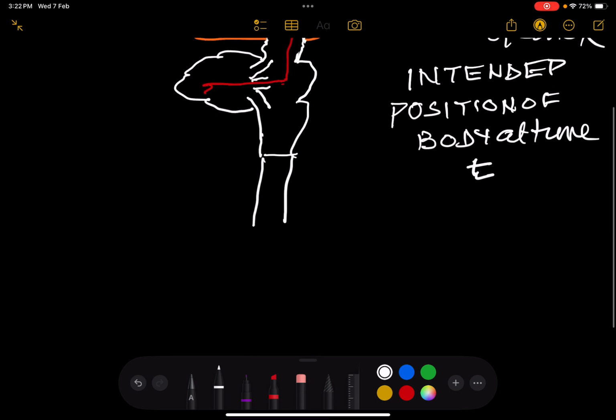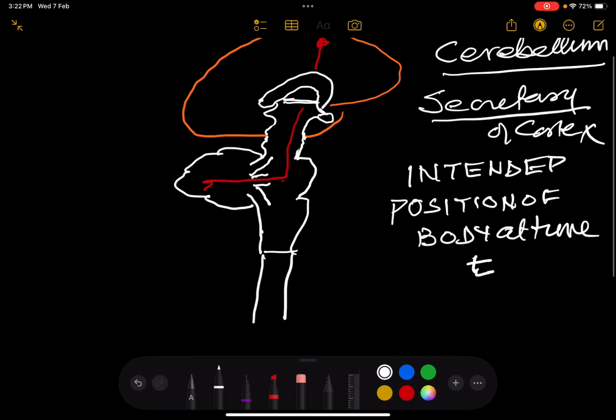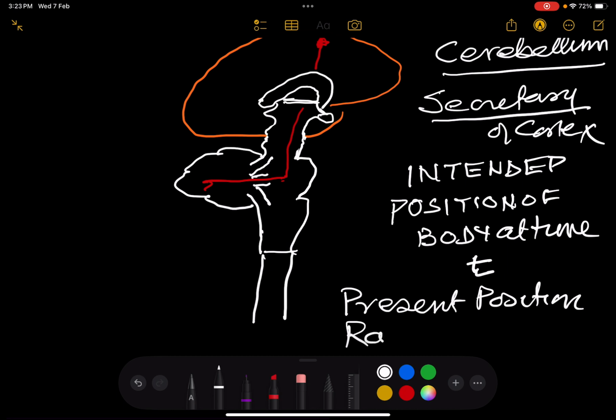Okay. And now it sets to work. The first thing it has to additionally find out is what is the present position of body. At what rate it is changing.